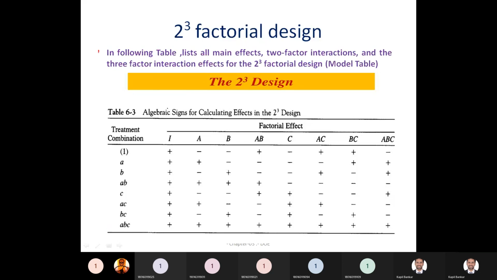Now in the following table is the list of all main effects, 2-factor interaction effects and 3-factor interaction effects for the 2 raised to 3 factorial design. That's why it is known as the model table. As I told you, if interaction effects are there, then it is called the model table, and if only the main effects are there in the table, it is known as the design table. Clear?